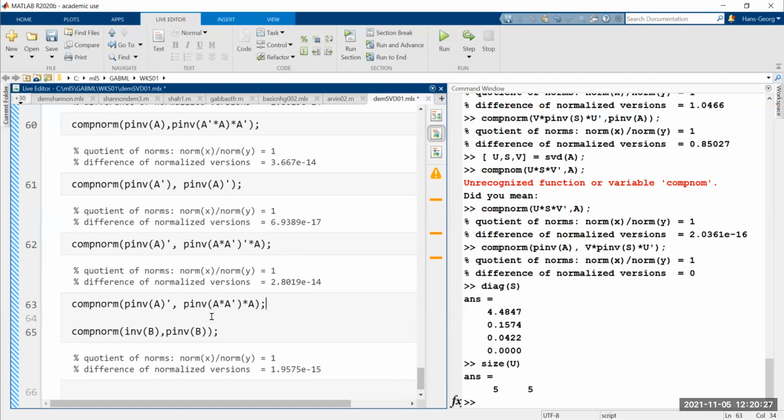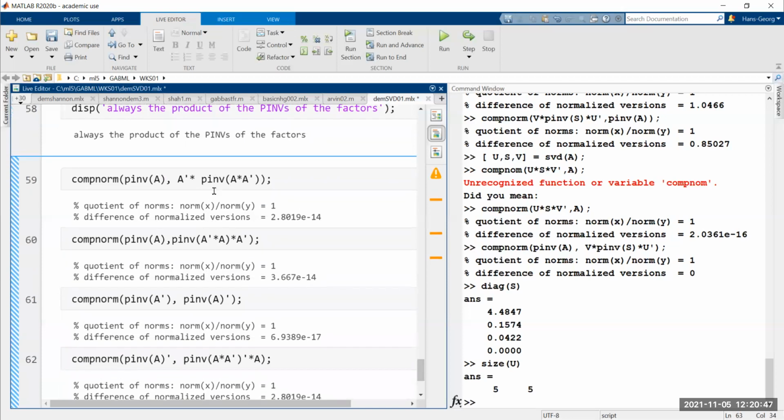Now, if this is a matrix, and that's not true in our case, our matrix is rank 3, it's not spanning R5 or the target space. But if this matrix A would be invertible, you could always take the inverse. So also going back to the original one, the question is, when would you use this matrix?